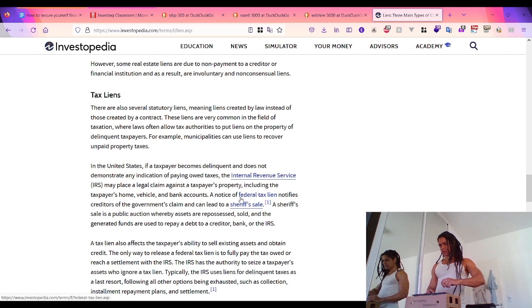A notice of federal tax lien notifies creditors of the government's claims and can lead to sheriff sales. A sheriff sale is a public auction whereby assets are repossessed, sold, and the generated funds are used to repay a debt to a creditor, bank, or the IRS.